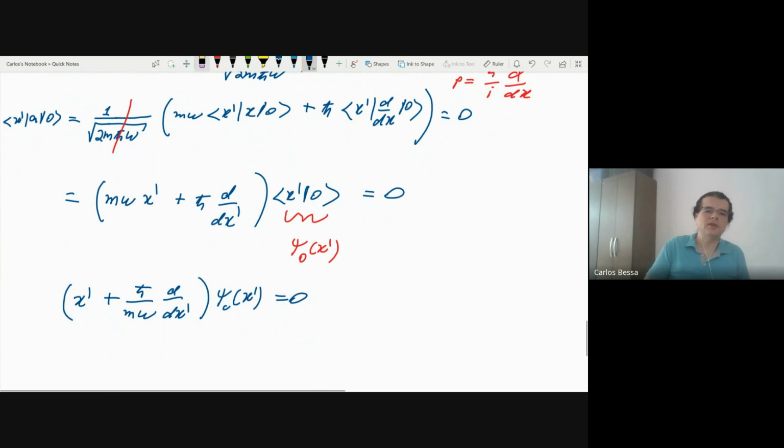And I will define here, to write this, x0 is this, h bar over m omega. Okay. So with this definition, I will write this here as x0 squared. x0 is just the definition.